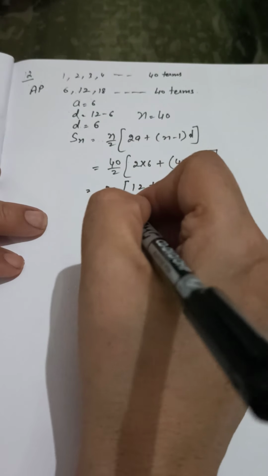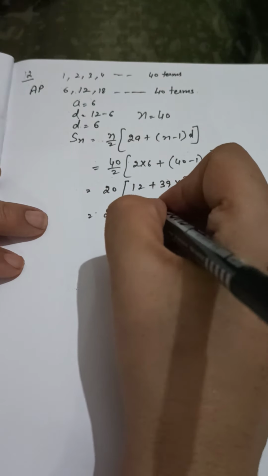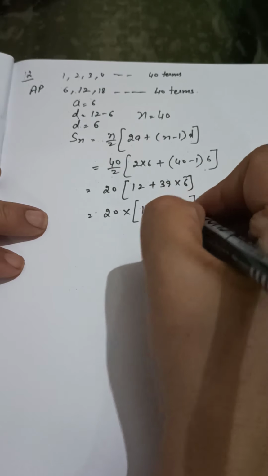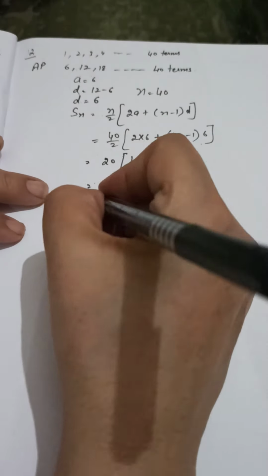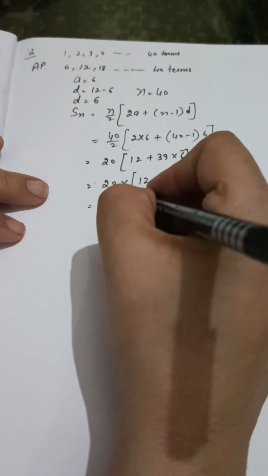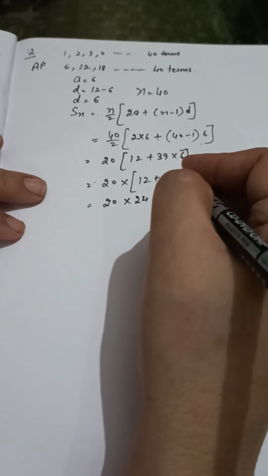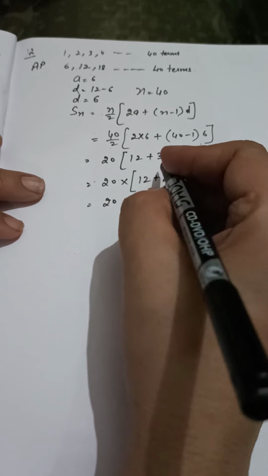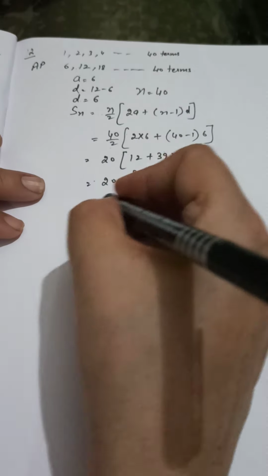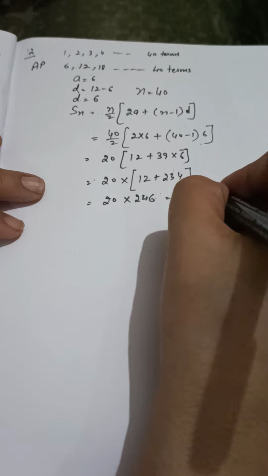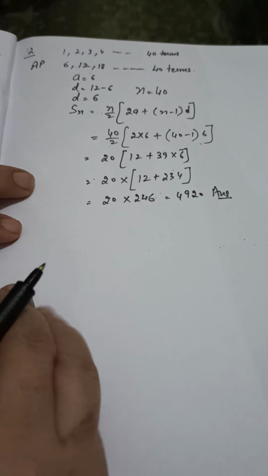That is 20 multiplied by 12 plus 234. When we add these, 20 into 246. So that is equal to 4920. It is your answer.